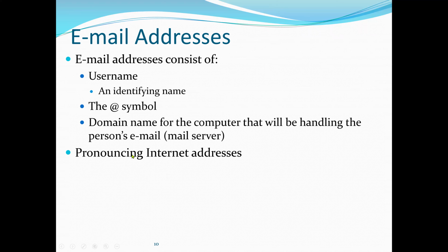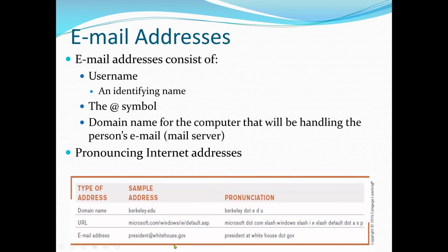Then pronouncing the internet address. We have different types of address. For example, the domain name, the URL, which is the uniform resource locator, and then the email address. For the domain name, an example here is berkeley.edu. Pronunciation will be "berkeley dot edu."